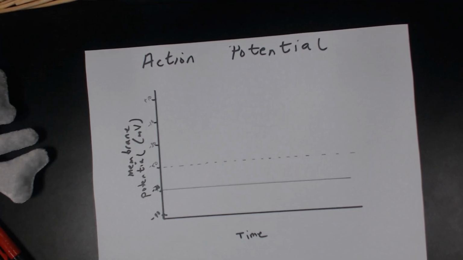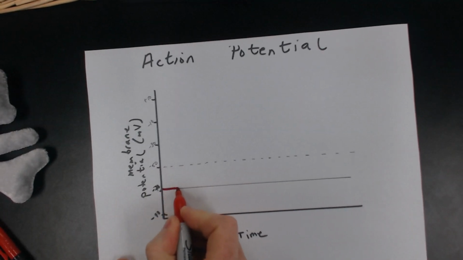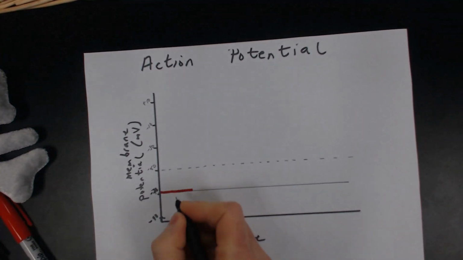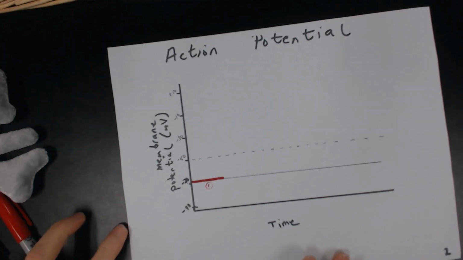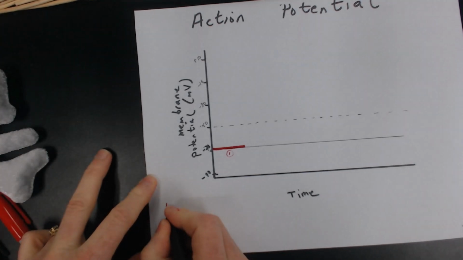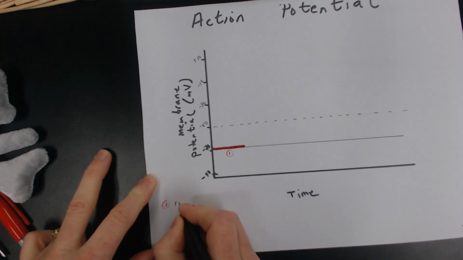Okay, so we start out here. Let's start out at minus 70, and I'm just going to go like this, and I'm going to label it with a 1. Number 1 is going to be minus 70, resting membrane potential.